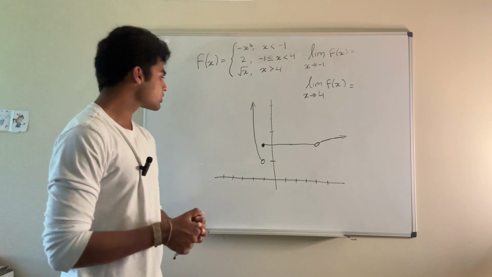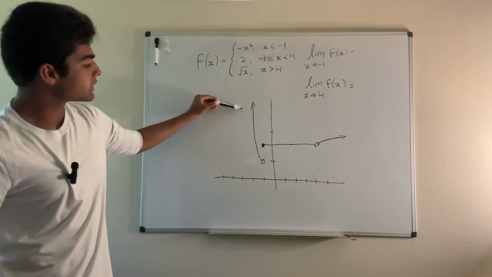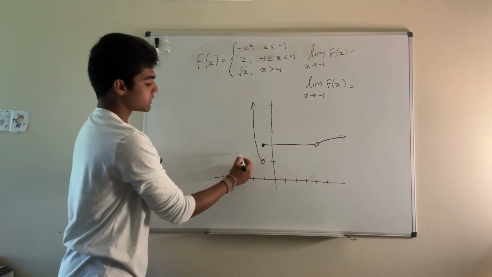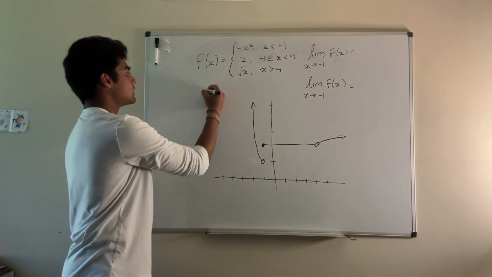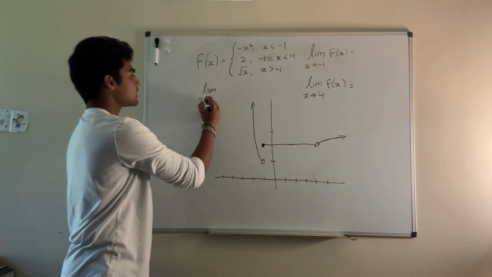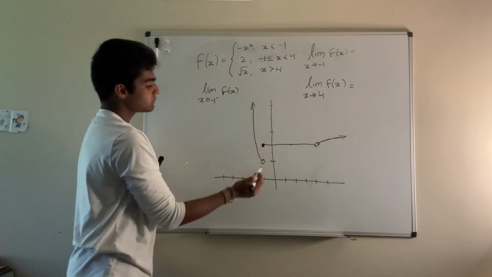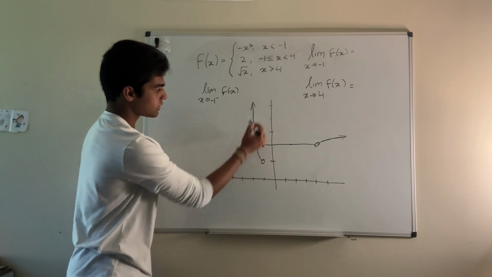So if we look at this graphically, we can see that the limit as x approaches negative 1 from the left, or from the negative side, seems to be about 1 right here.